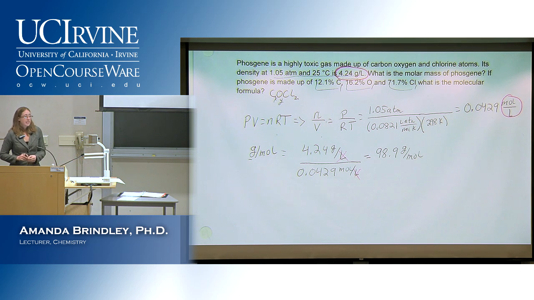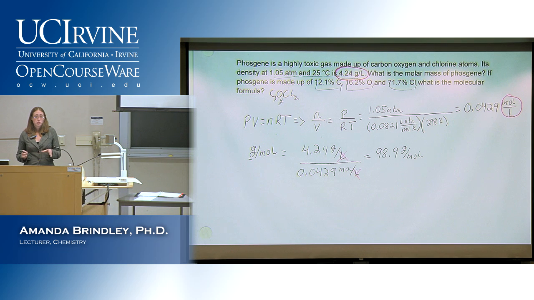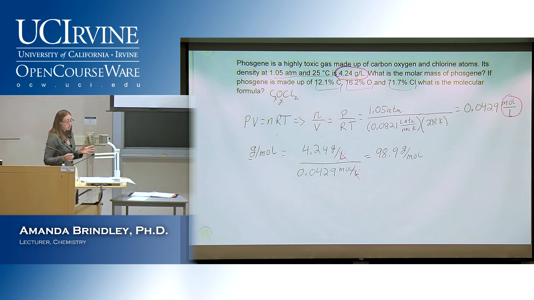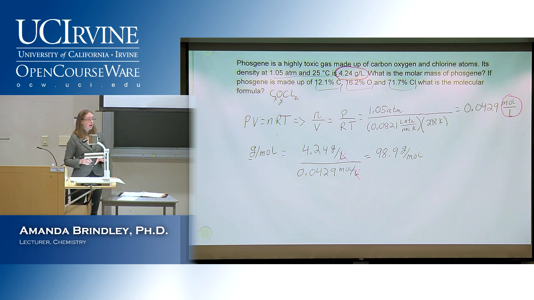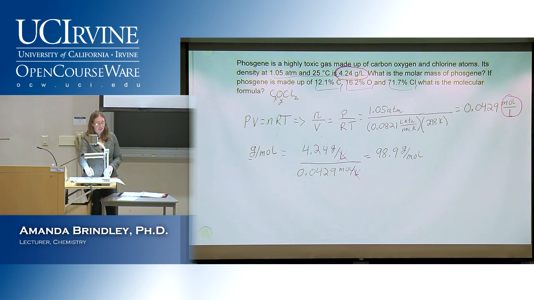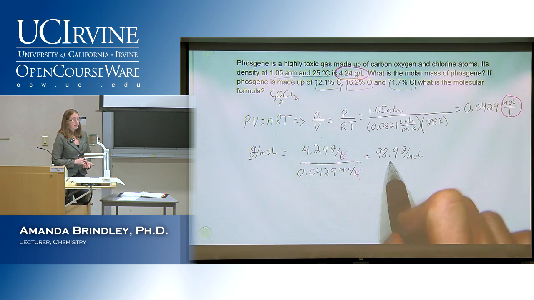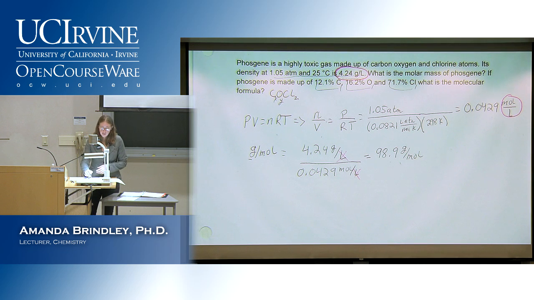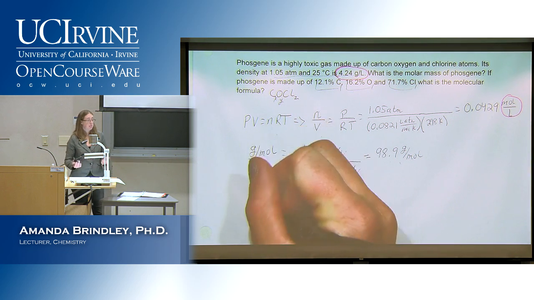In the beginning, a lot of times you had to assume that there was a 100-gram sample. You can do that, and that's fine. If you do it though, there's a couple of other things that come into play. There's an easier way to do it in this case, and that's to know that your molecular mass is 98.9. So then if I want to know how much of that's carbon, what do I have to do? Multiply by the percent.